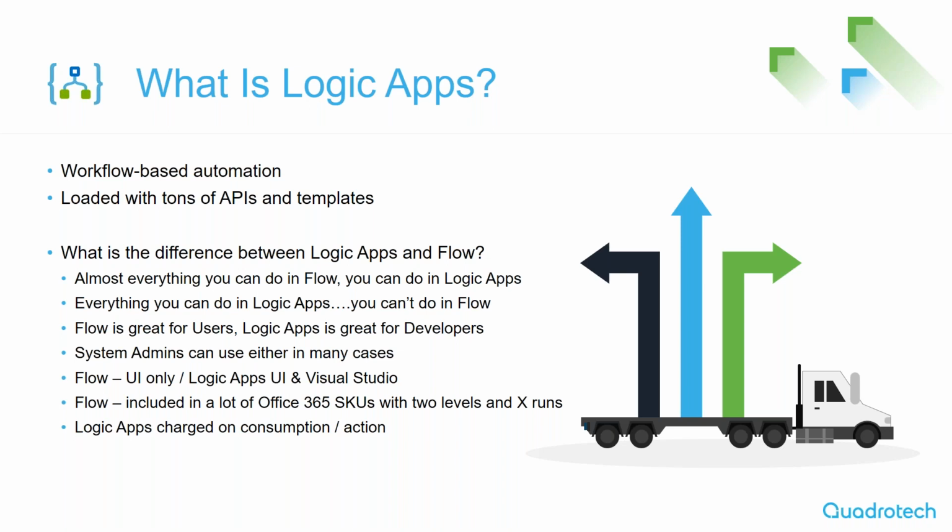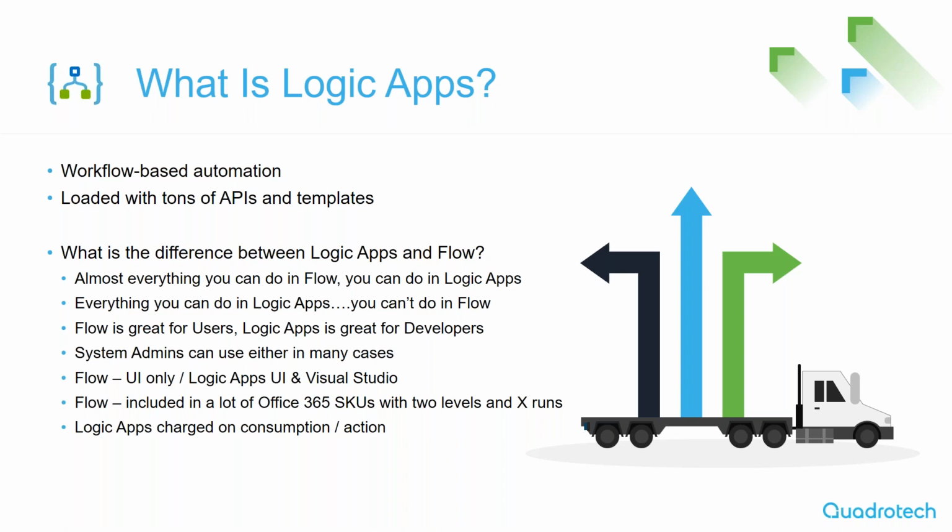And that's kind of hard to do in a webinar, but there's items that we've written to help our products here. Flow, as I said, is included in some of the Office 365 SKUs. A lot of the eSKUs have it, and there's 2 levels of it. And by levels, if you look at Exchange Plan 1, Exchange Plan 2, there's a similar design for Flow, and really the 2 levels that it relates to, they call them the number of runs that you have, and we'll reference that later.